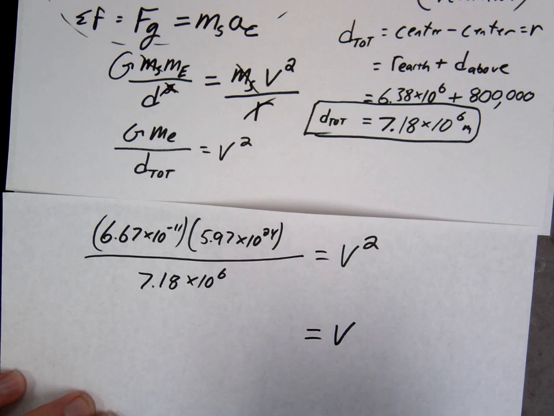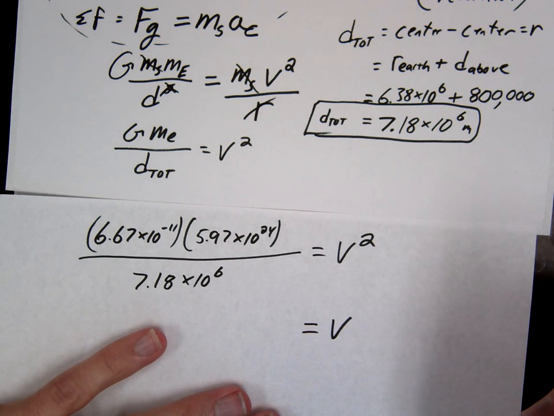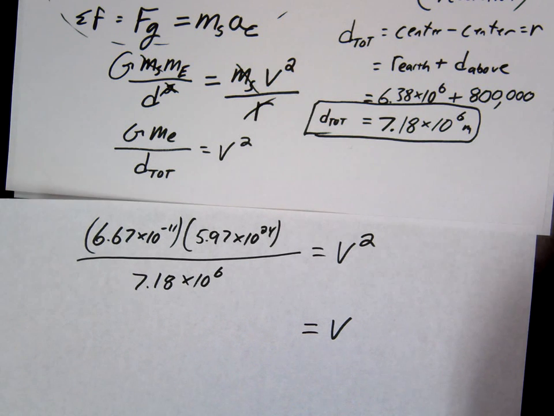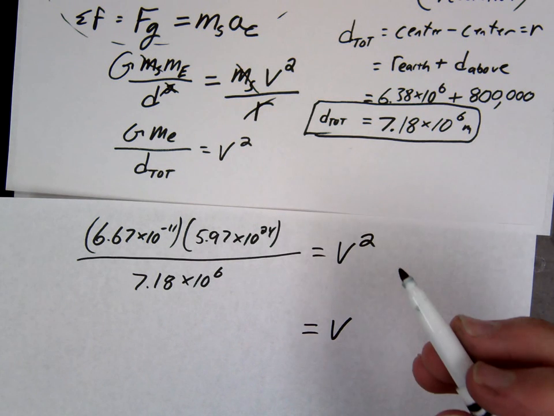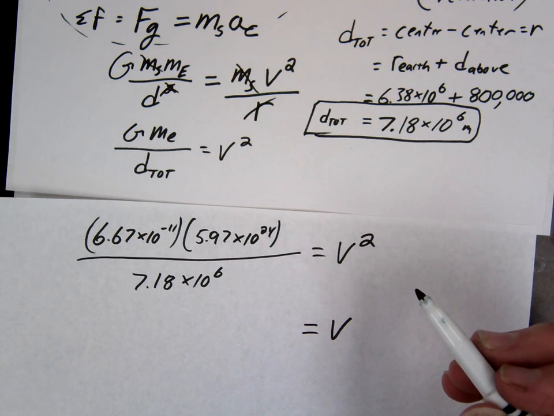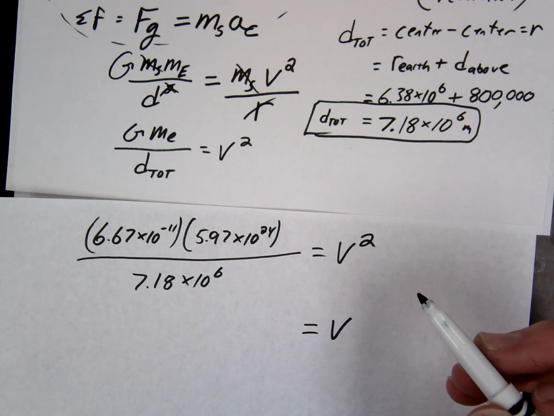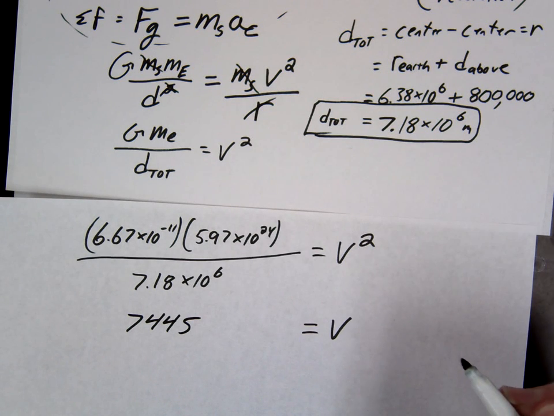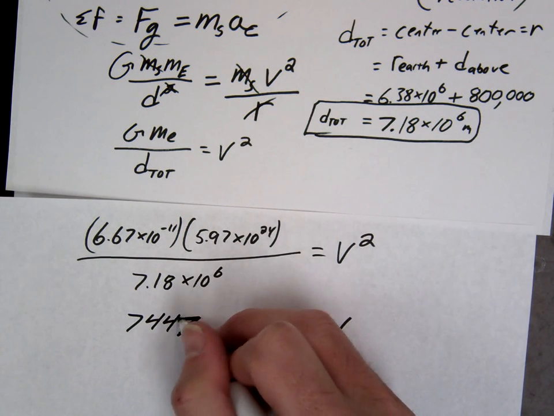Once you get that number, square root it. Anyone get the speed yet? 7,445, or 7,447.